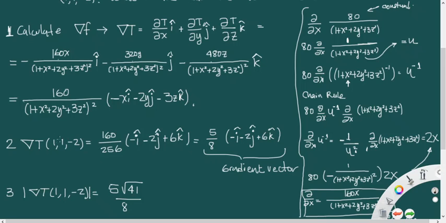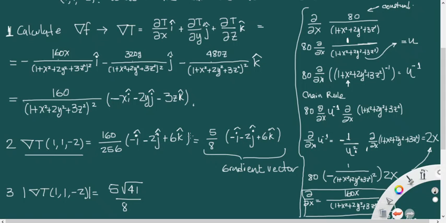If you do the substitution in these two expressions, this is equal to 160 over 256 times this vector. Simplifying these calculations, we end up with 5 over 8 times (-i - 2j + 6k). And this is the gradient vector evaluated at this point.